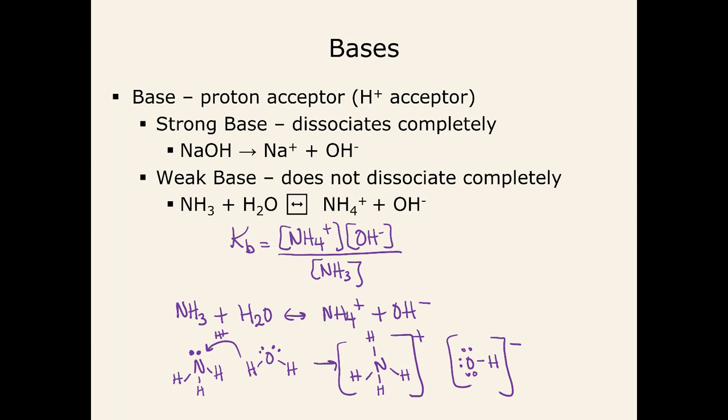Now, looking at this, there's one thing that I need you to know that's very, very critical for later discussions. It'll make things make a lot more sense. NH3 is neutral.